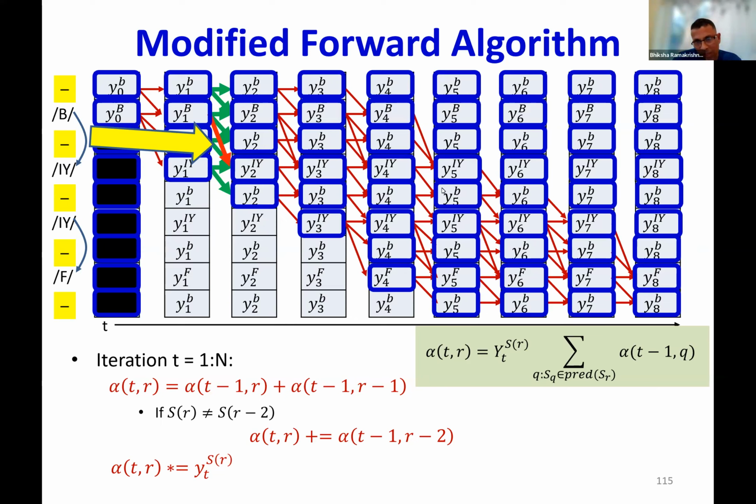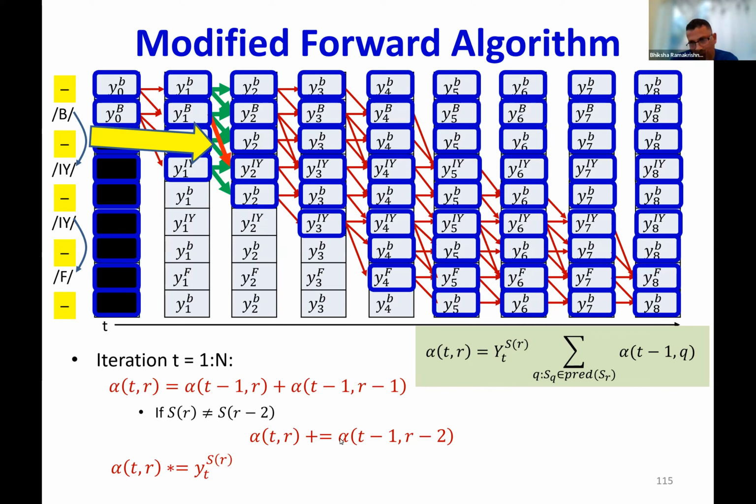You're allowed to transition down by one row from any row, so you're guaranteed that the row immediately above is also a parent. But then you're only allowed a skip if the row two rows above is not the same symbol as this one. And so that's why you have this check. You check if this symbol is the same as this one. If it is not, then you sum this alpha. Otherwise, you don't. Did that answer your question, Richard?